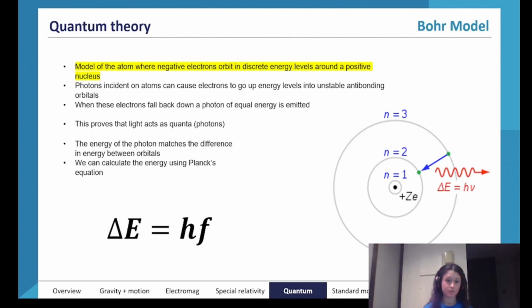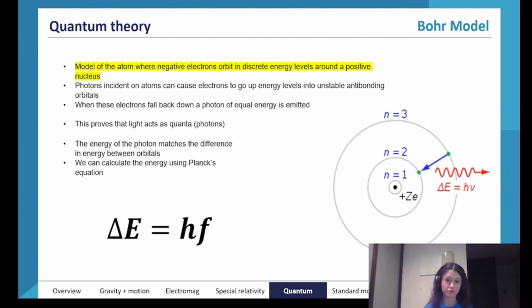Photons incident on atoms can cause electrons to go up in energy levels. What this means is that if a photon, which is a particle of light, interacts with an atom, it's going to give the atom all of its energy. As a result, some of the electrons are going to have all this extra energy and jump out of the atom.